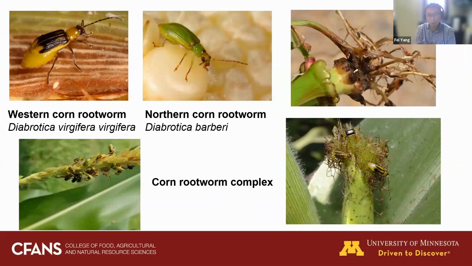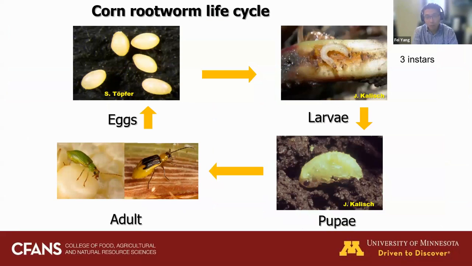So first, I would like to talk about the major pests here, the two corn rootworm species. Both western and northern corn rootworm have a similar life cycle. So from egg, larva, pupa to adult, and the larva is the most damaging stage, and it has about 3 different instars, and the late instar larvae will cause significant damage, and they will feed on your roots.